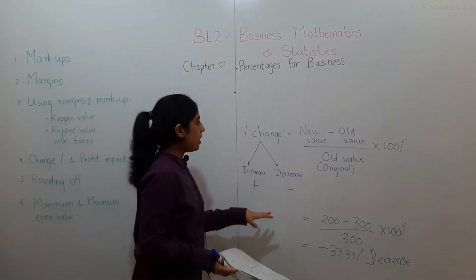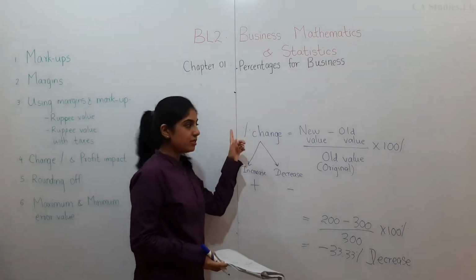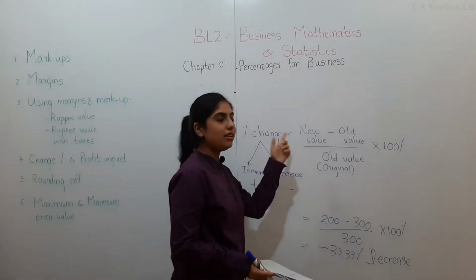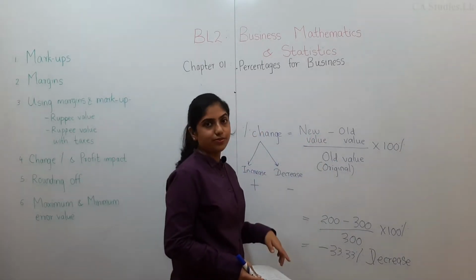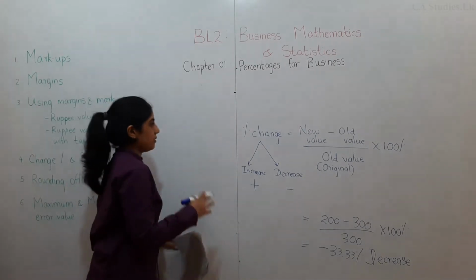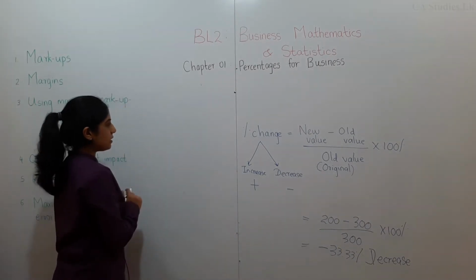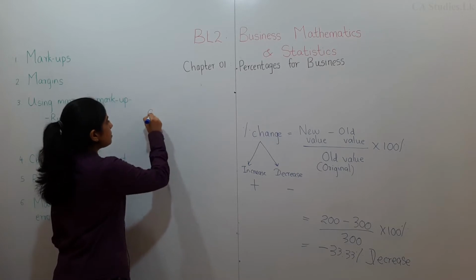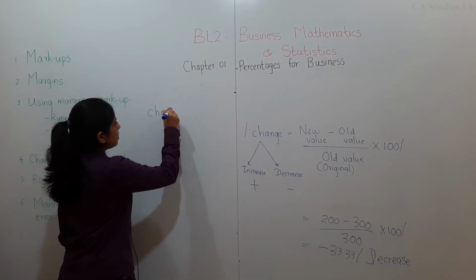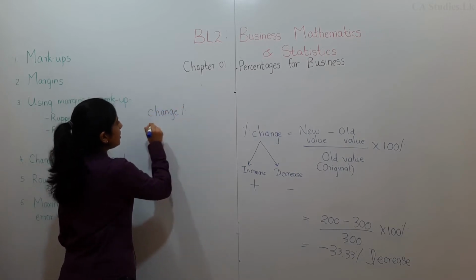Now let's see how to apply these changes to find the new value and the old value. Like this. In the exam they will give you the change percentage of the selling price.